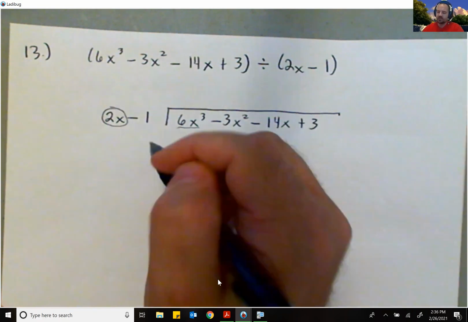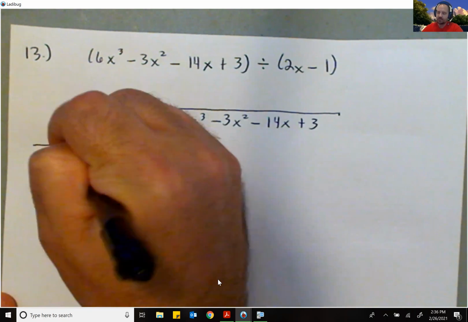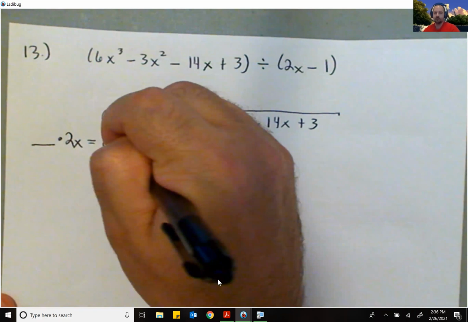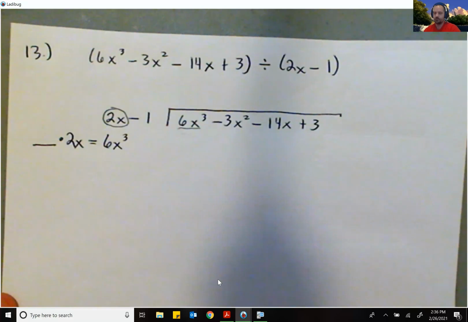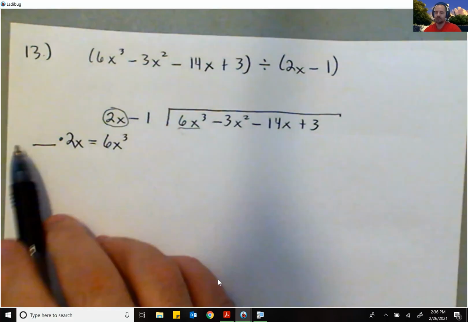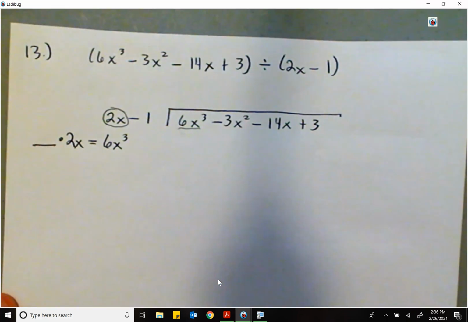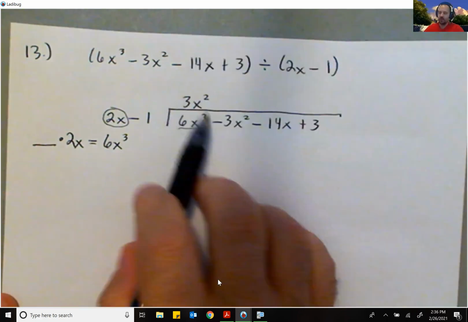So we think to ourselves, what times 2x will give us 6x cubed? And that's what's going to go up here above our division. What times 2x gives us 6x cubed? 3x squared. Yay.